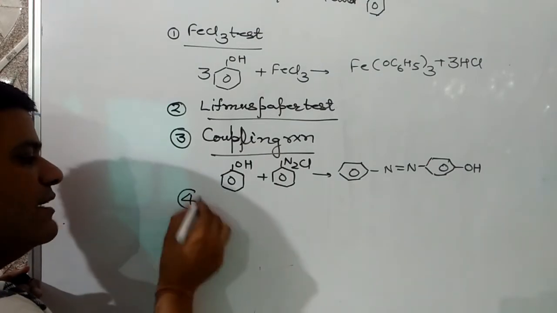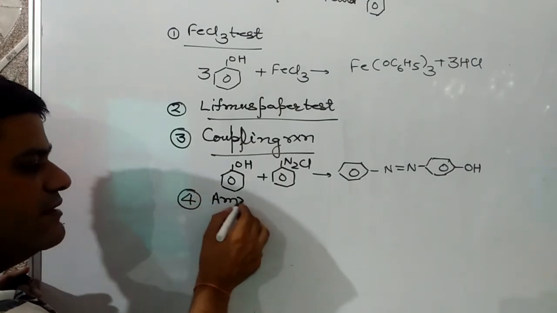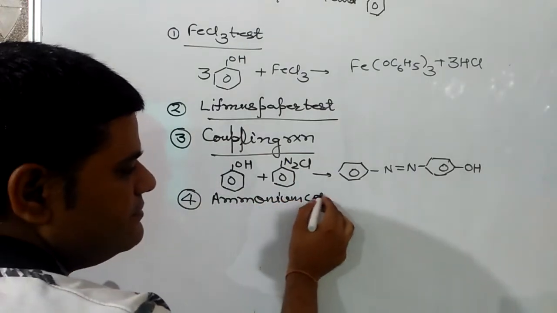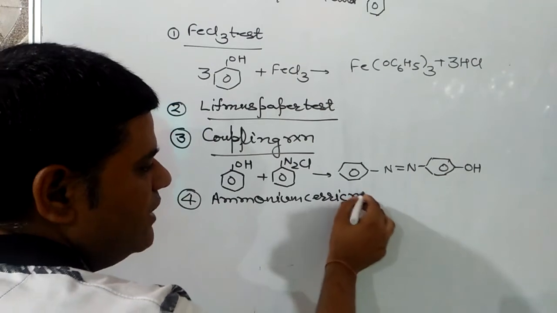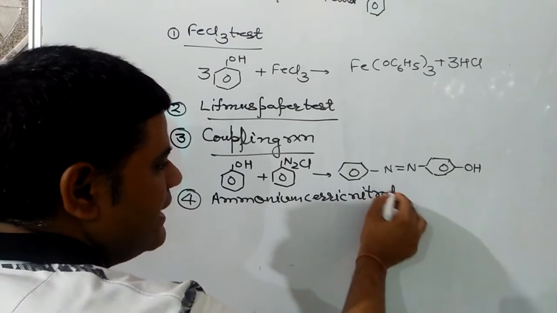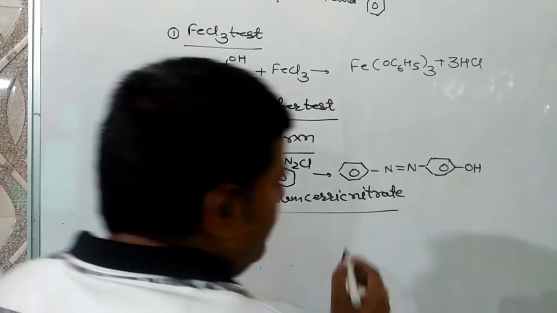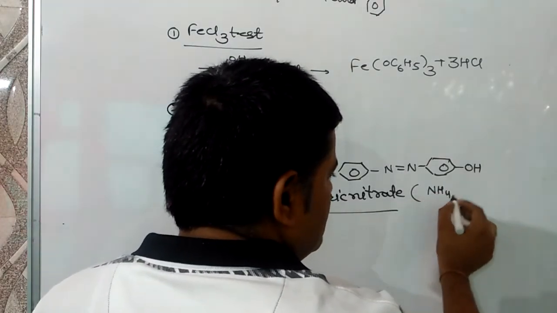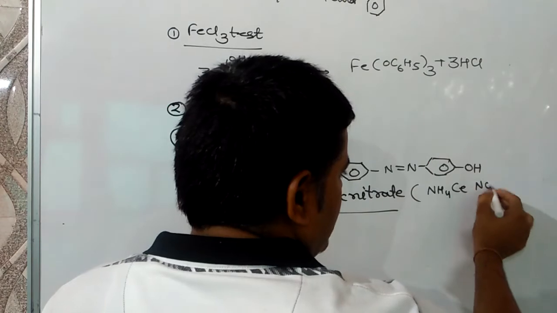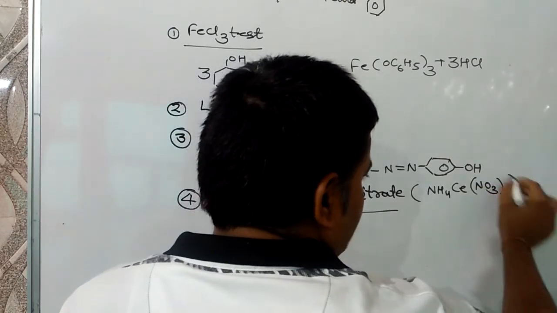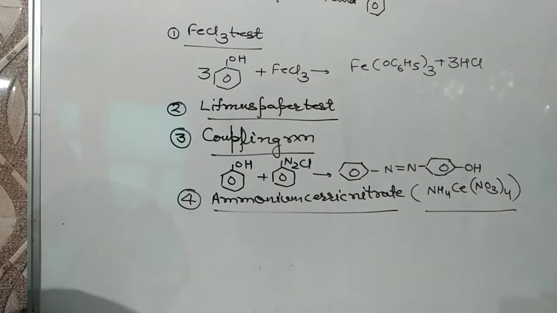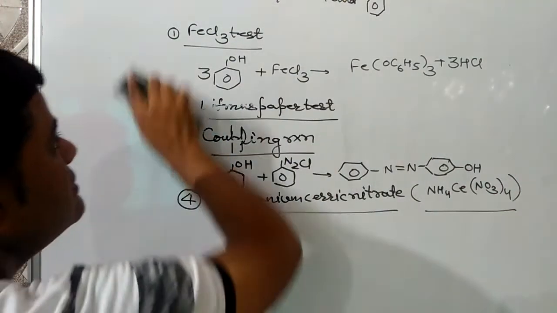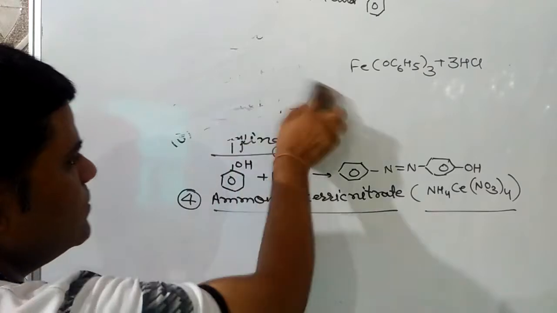Fourth will be the ammonium ceric nitrate test. The formula for that is (NH4)2Ce(NO3)6, and this compound will react with alcohol to produce a red coloration, but phenol cannot do so.